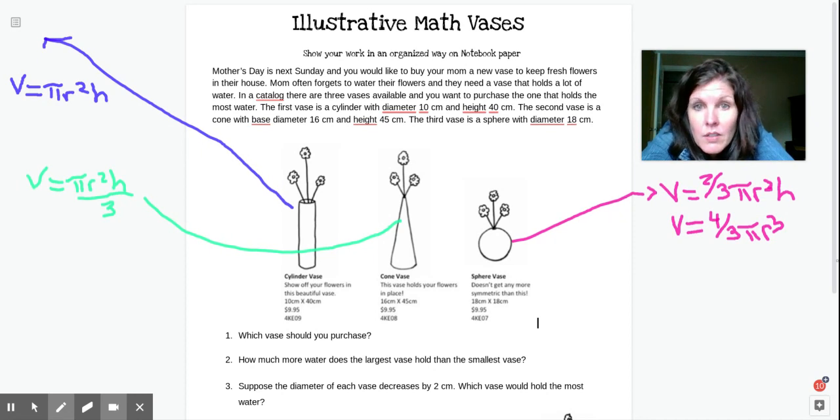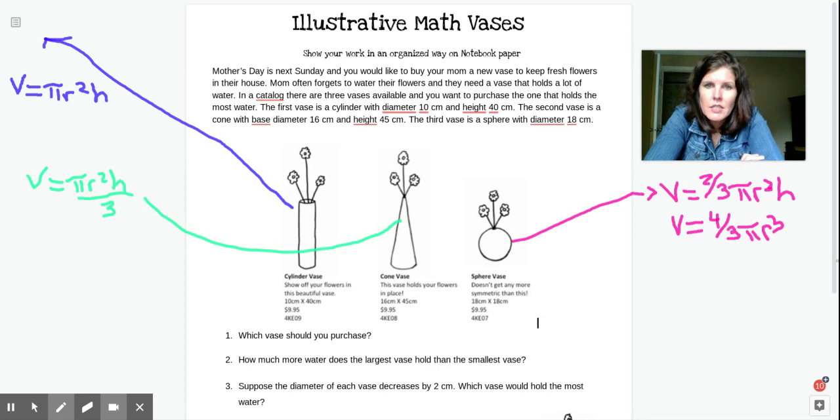And so in this problem, you want to buy her a vase to keep fresh flowers in their house. And mom often forgets to water their flowers, and they need a vase that holds a lot of water. In a catalog, there are 3 vases available, and you want to purchase the one that holds the most water because mom forgets to water.